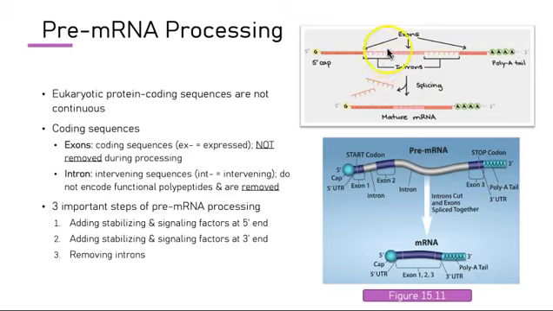The other areas we have are called introns, and these are called intervening sequences. So you want to think that intron, the int part is for intervening, and this does not really code for anything, and therefore it's going to be removed in our processing phase.